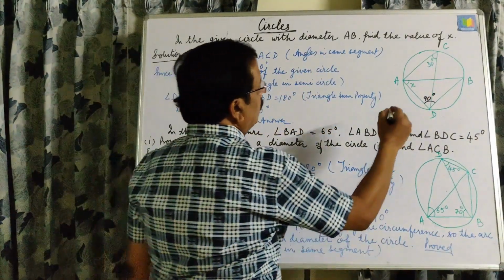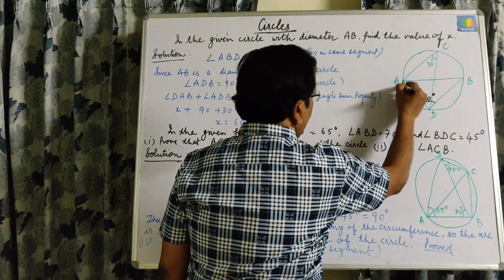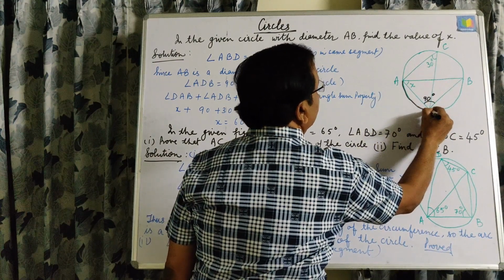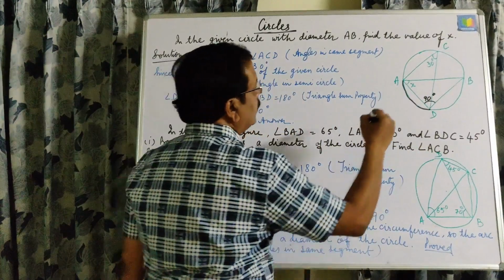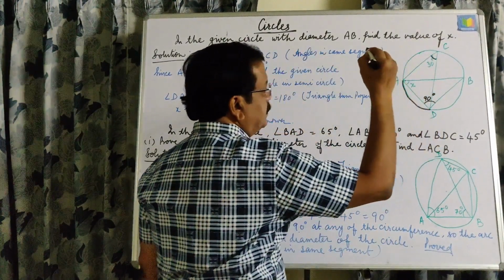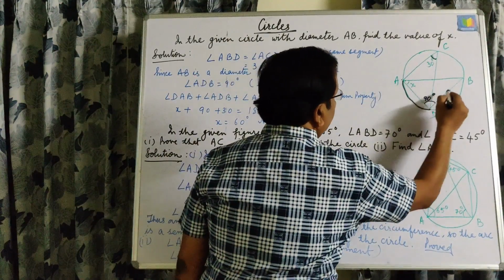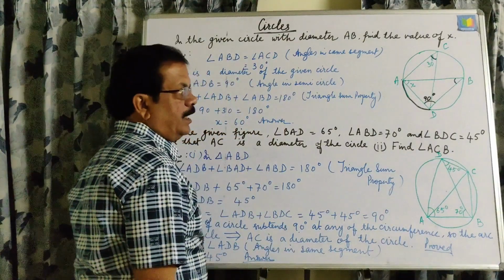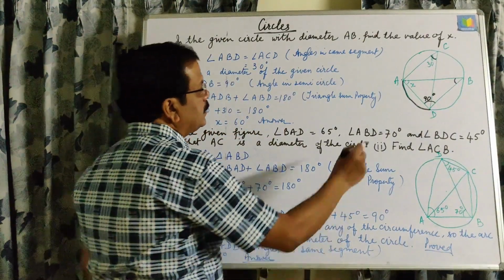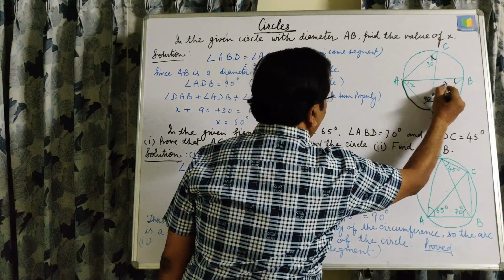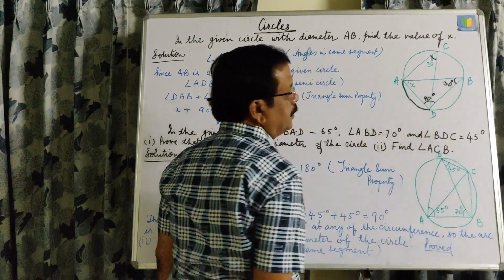Okay, now if we take this arc, I have already told you that it is very important to select an arc. This arc is making this angle 30 degrees at point C, and the same arc is making this angle at point B, and that is why, once we are taking this arc, angles in the same segment, this is also 30 degrees.